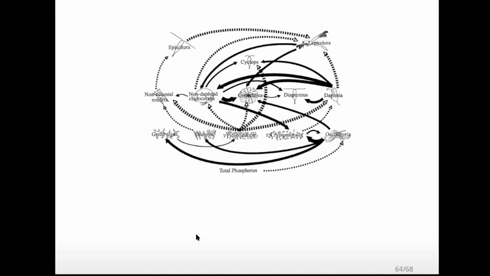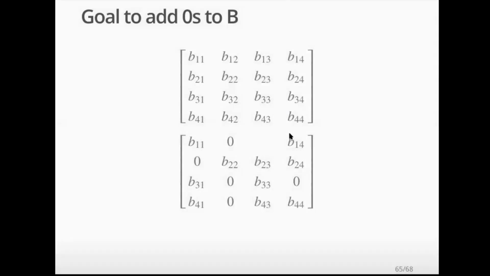So I would like to be able to draw it like this and say, hey, these dark lines are the ones that are really important. These are the key ones that are driving what we see in the community changes. And one approach people have used is they start with a B matrix that has all the interactions, and they try to find one where they have set some interactions to zero.